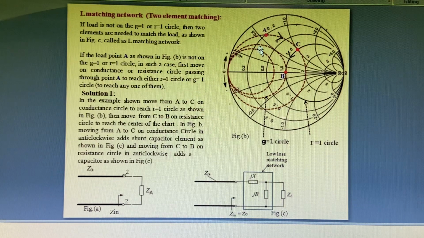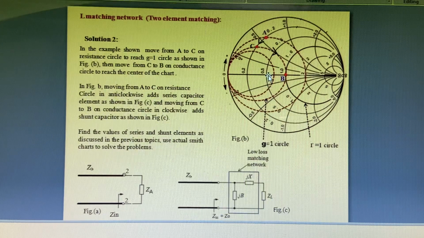And as we saw, this is moving from A to C, reaching the R equal to 1 circle. Another possible solution is solution 2. Instead of moving from A to C to reach the R equal to 1 circle, we can move from A to C to reach the G equal to 1 circle.